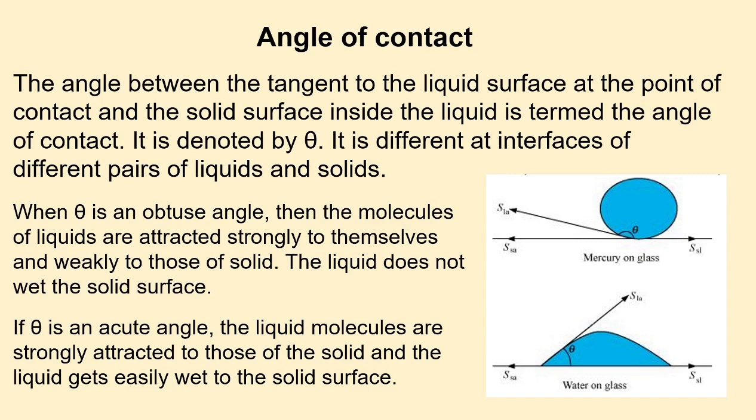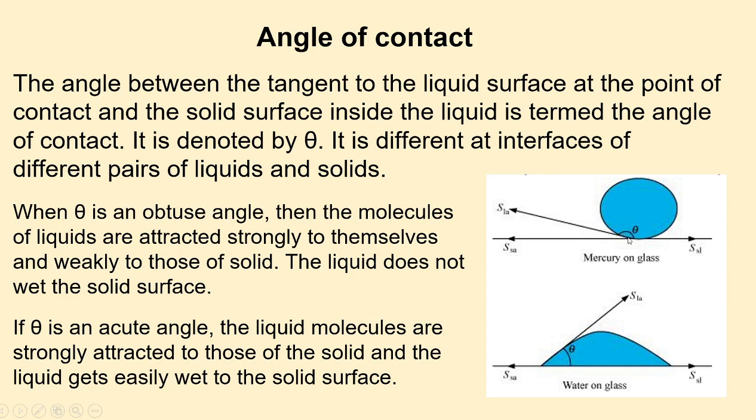Here we can see that if theta is an obtuse angle, the molecules of the liquid are attracted strongly to themselves and weakly to those of the solid. So the liquid does not wet the solid surface. So what is an obtuse angle? We know an obtuse angle is any angle that is greater than 90 degrees.